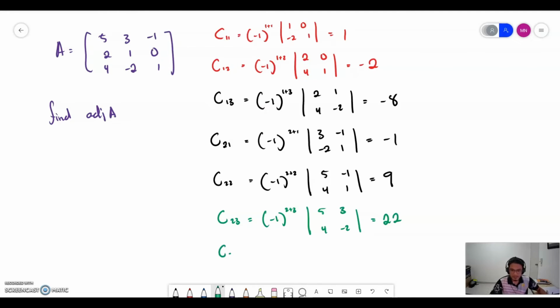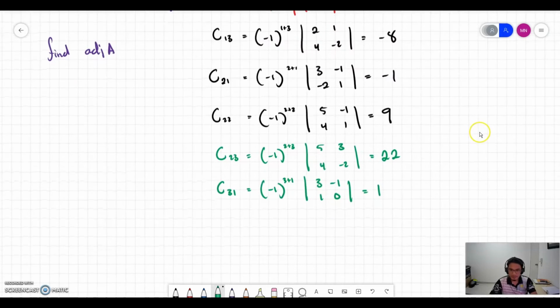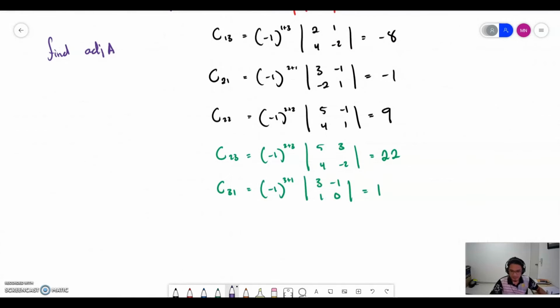Okay, then C31, negative 1 to the power of 3 plus 1. Third row, first column, so we have 3, negative 1, 1, and 0. So that will be equal to 1. Okay, that is for C31.